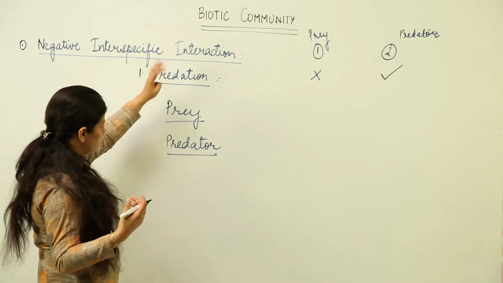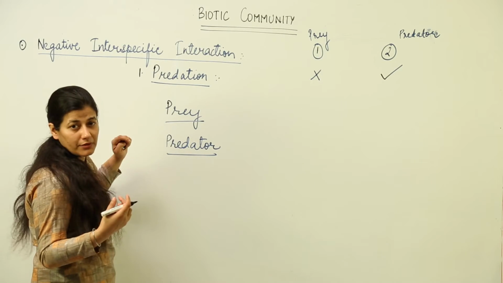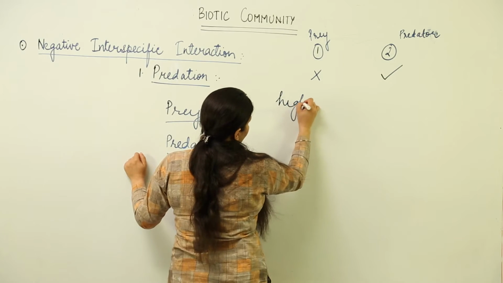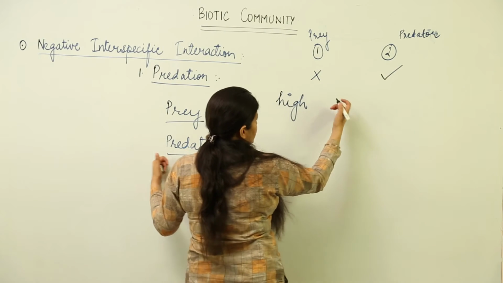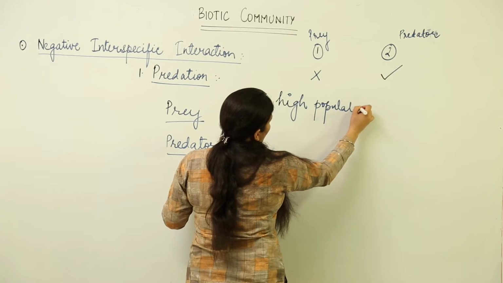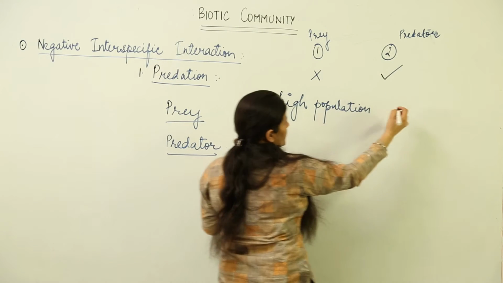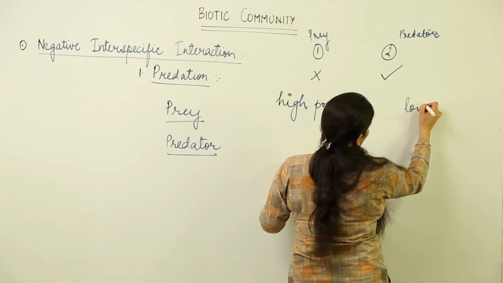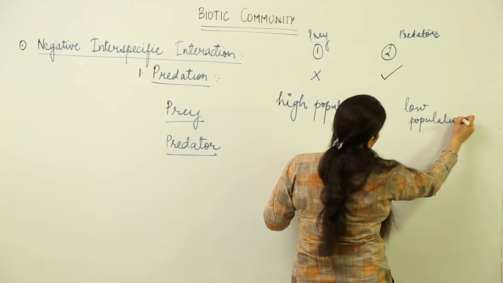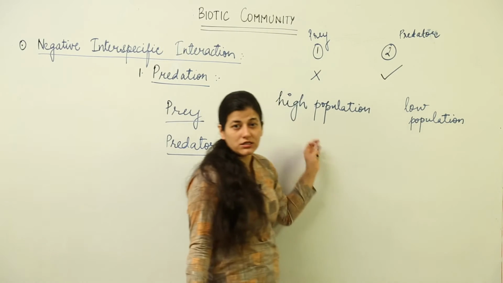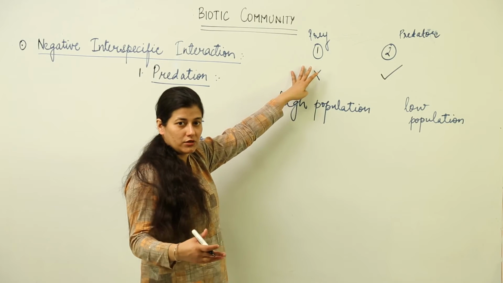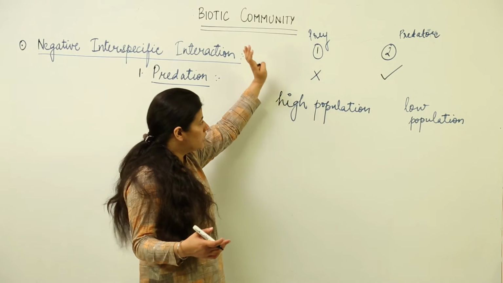Now, in the interaction of predation, you have to keep in mind that the population of prey is often much greater as compared to that of predators. They have a lesser population. Now, what is the significance of this particular arrangement in the ecosystem, that one species has a lot of individuals being born?